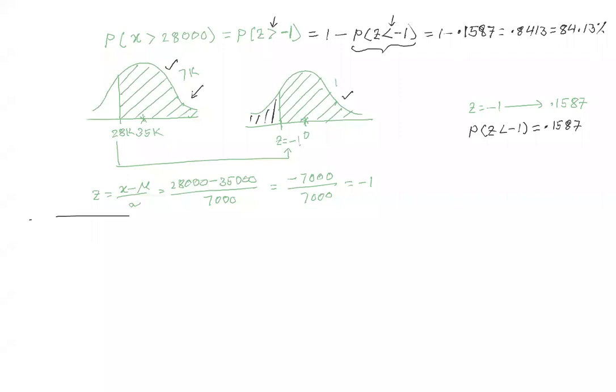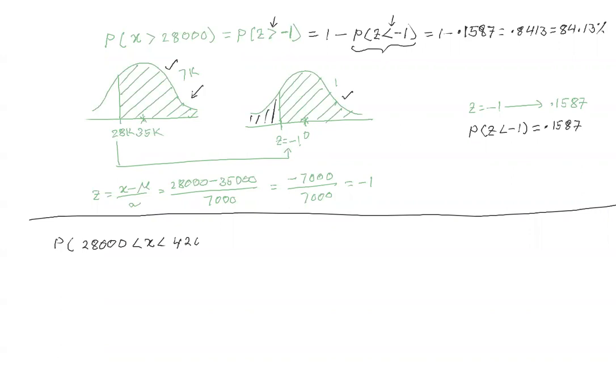So let me just draw a horizontal line here. I want you to find the probability of somebody making between 28,000 and 42,000. That is telling you X is between 28,000 and 42,000.